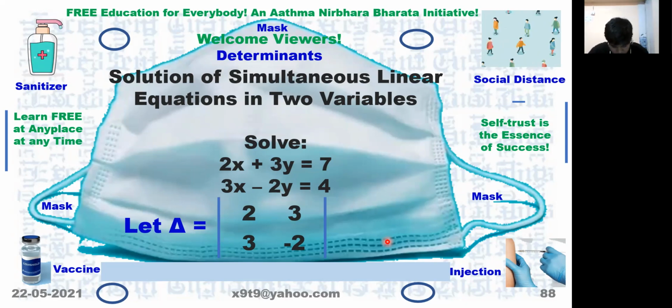So how much is delta? Sir, 2 into minus 2 is minus 4, minus 3 into 3 is 9.